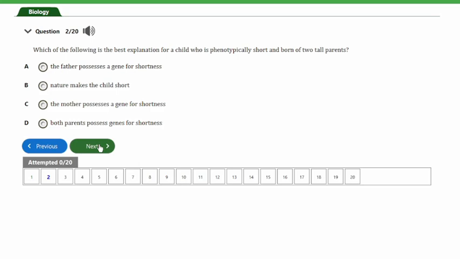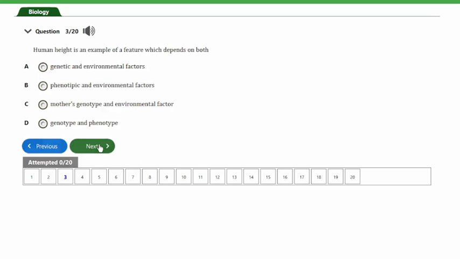So guys, the answer to this question is option D, and that's both parents possess genes for shortness. If a child is phenotypically short and is born of two tall parents, it means that both parents have genes for shortness. So that's the only case where this can occur. So option D is the correct answer to this question. So let's look at the next question, guys, and that's question number 3.